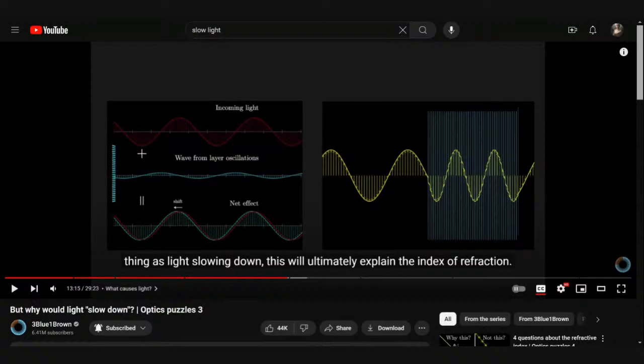So they need to move a little bit slower. They need to react a little bit slower. They're always reacting a little bit slower. Whatever the incoming information is, the electrons are reacting a little bit slower.